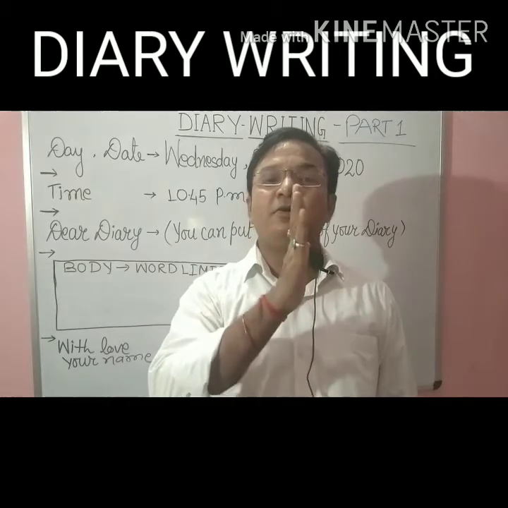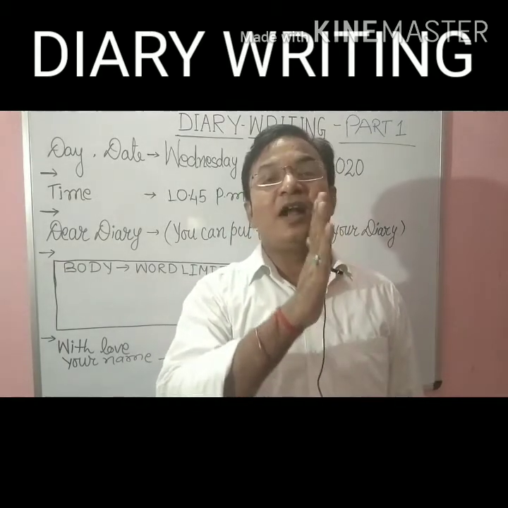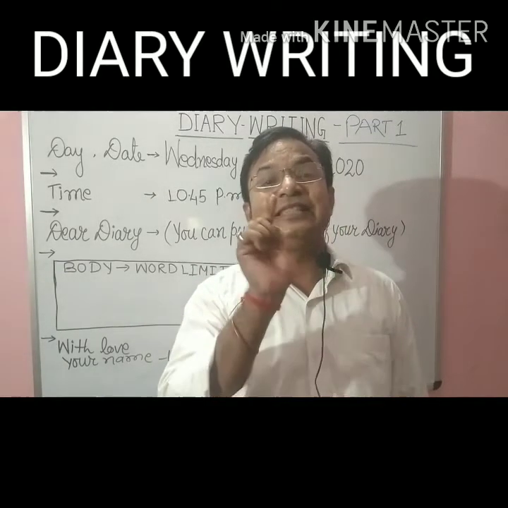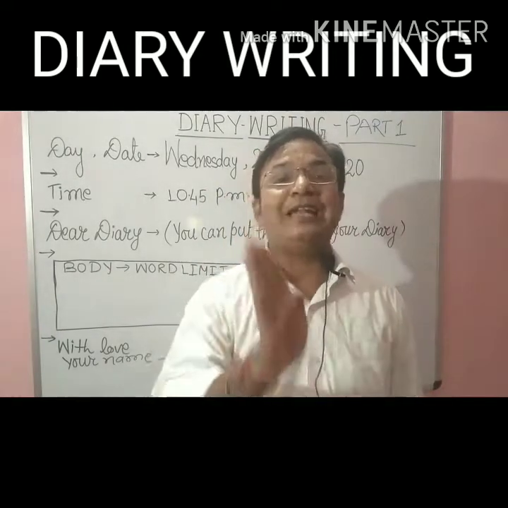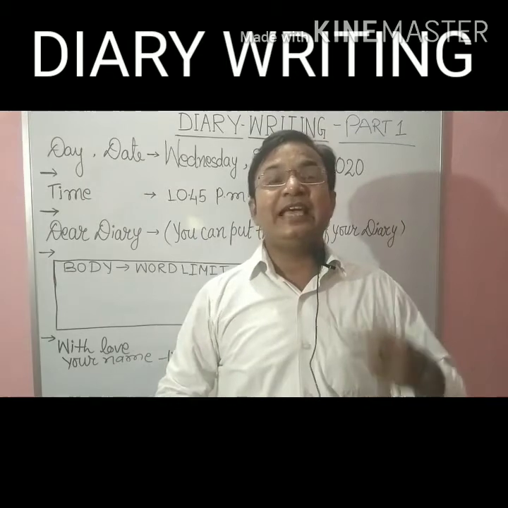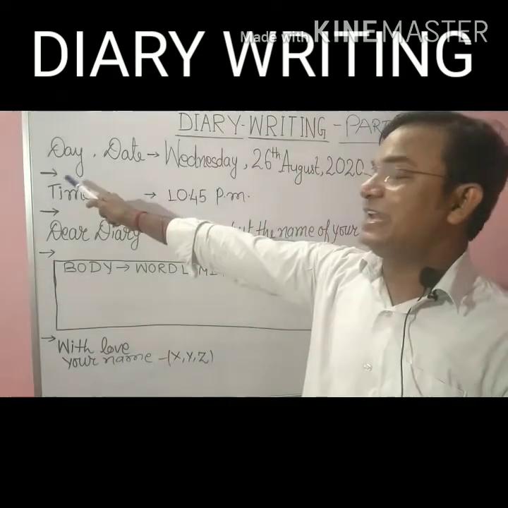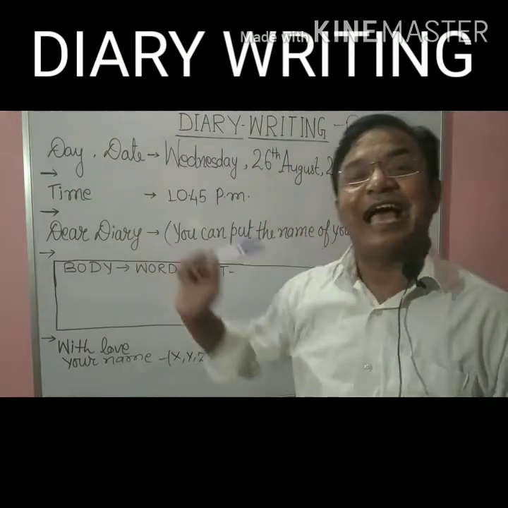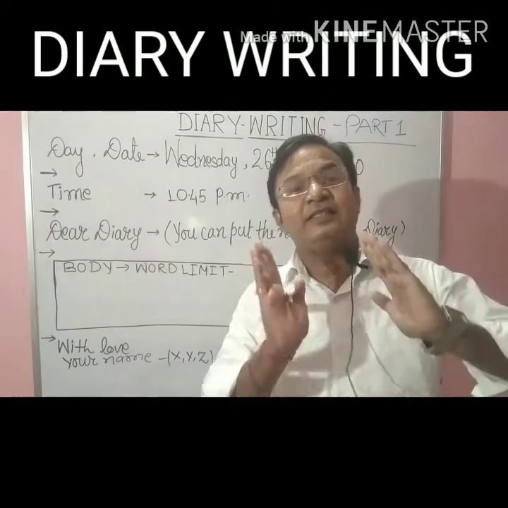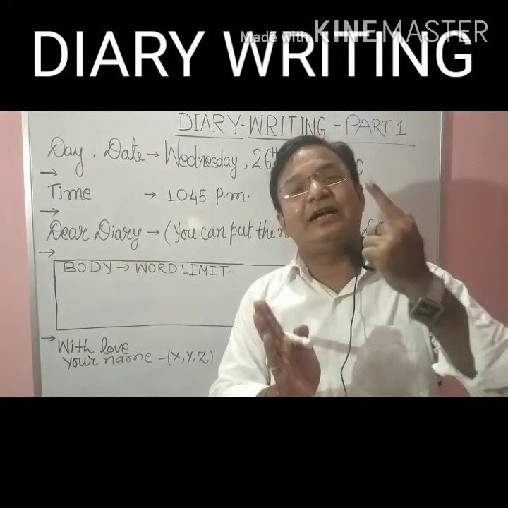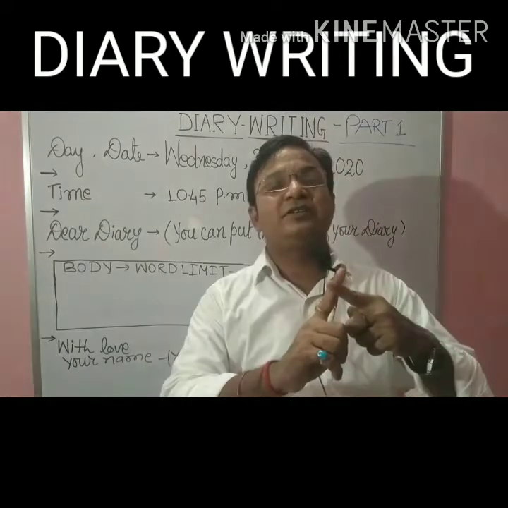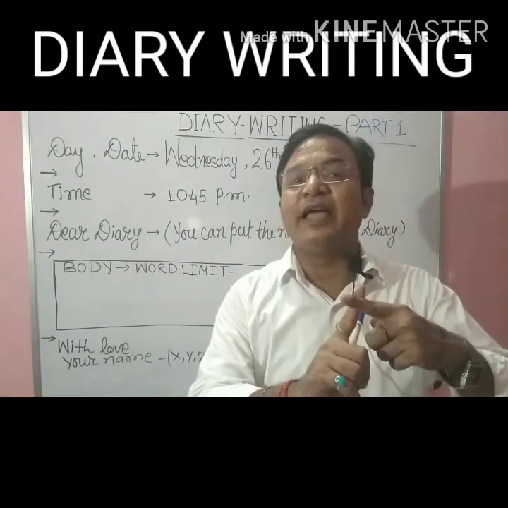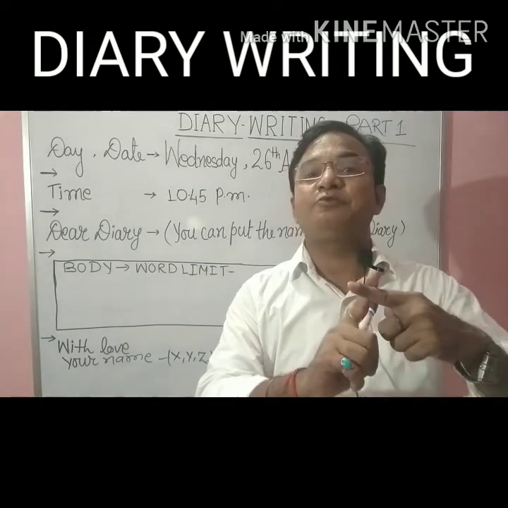Write the day when you are going to write the diary, then put a comma and write the date of that particular day. Then you are watching an arrow. A sign of arrow represents that you have to leave one line, a gap of one line is required. After writing day, date, you have to leave a line and later on write down what?